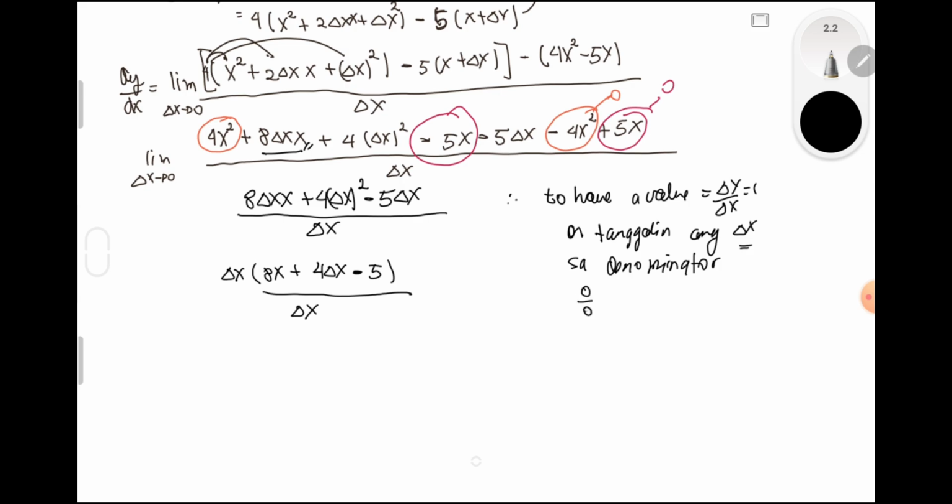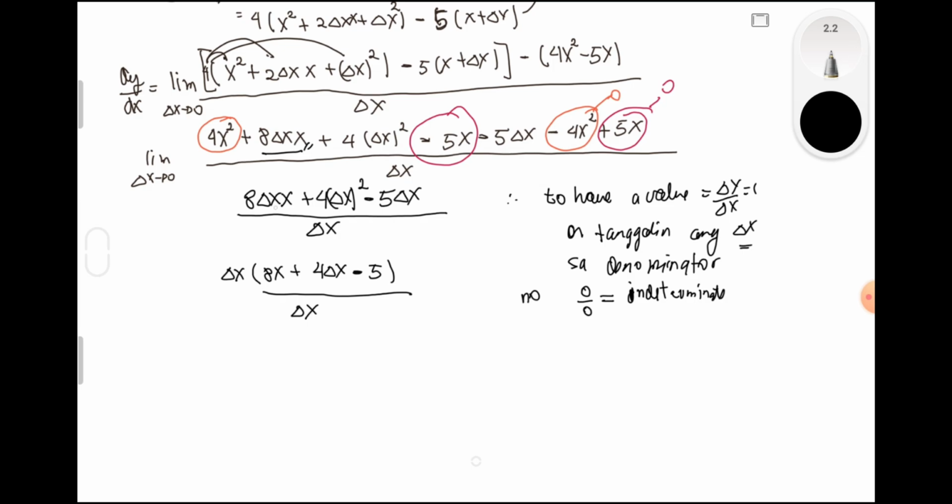So there will be no 0 over 0, which is equal to indeterminate. So yan yung iniwasan natin dito. Kaya yung maging objective natin, tanggalin natin yung delta x.